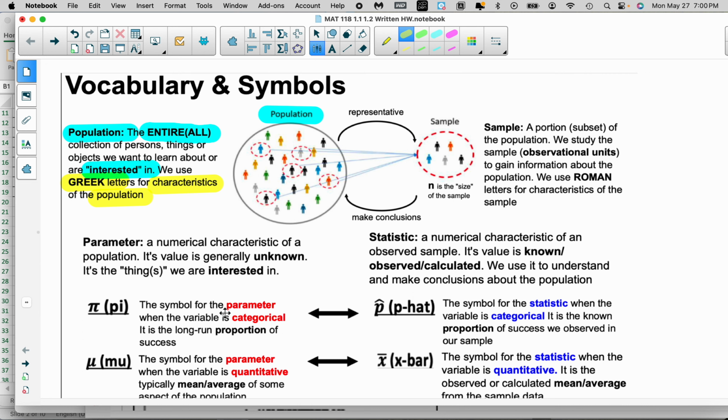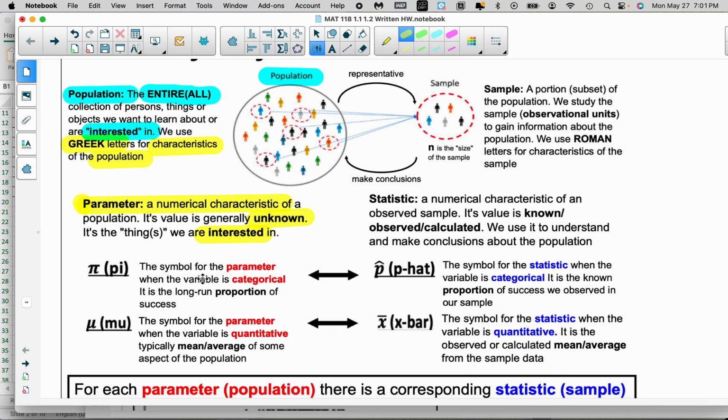And when we're talking about some characteristic of the population, we call that a parameter. So that's a general term for any numerical characteristic of a population that we're interested in. And generally, we don't know what the value of that is. All right.